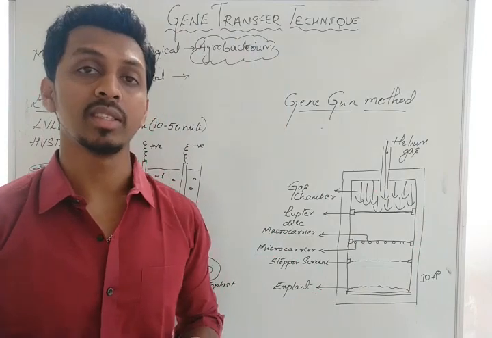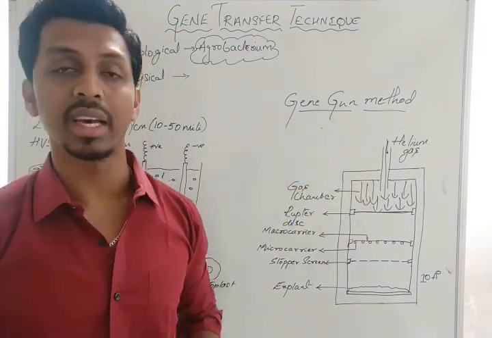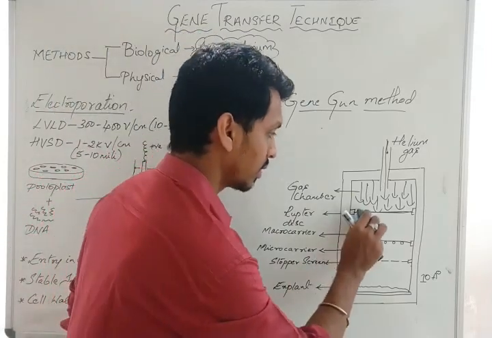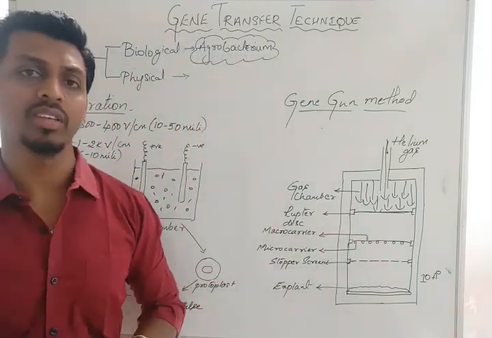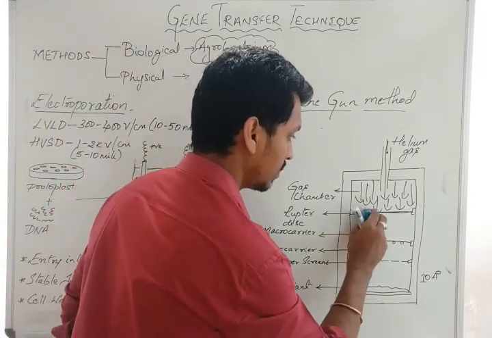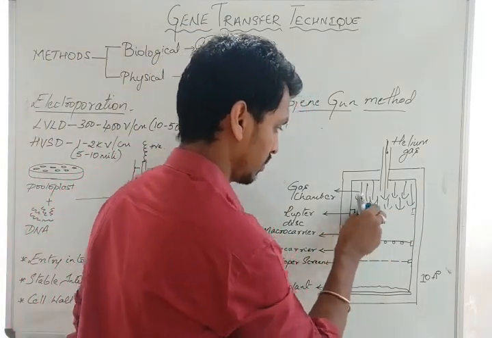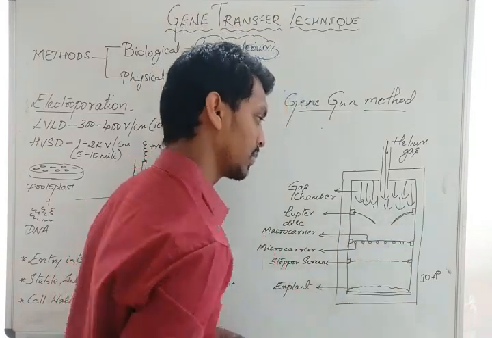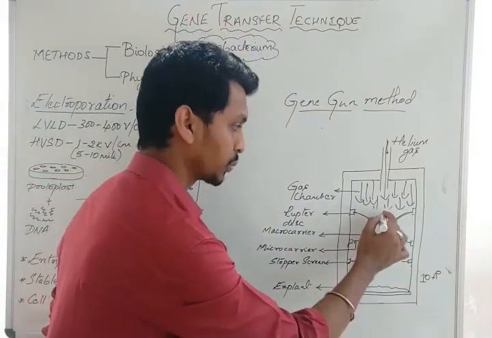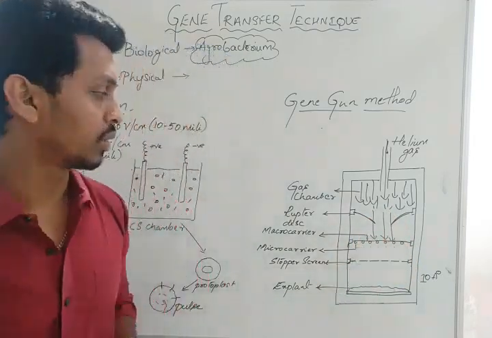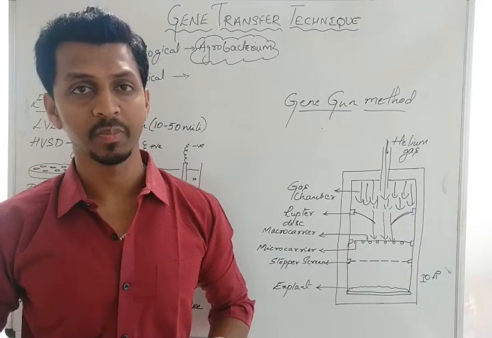Once helium gas is introduced into the gas chamber, as the pressure keeps developing, the disc ruptures or breaks, and hence it is called a rupture disc. As the disc ruptures, all the pressurized helium gas will now strike the macrocarrier.